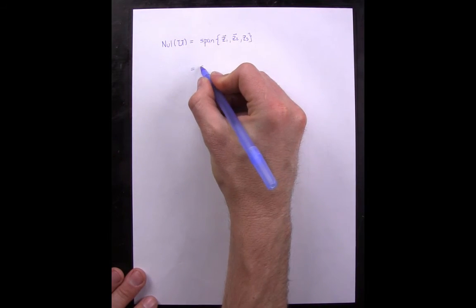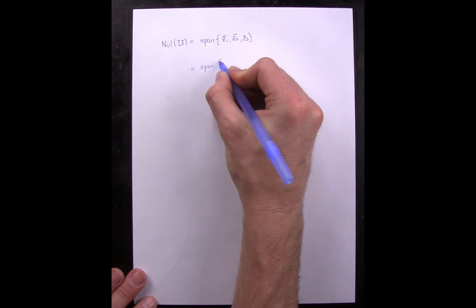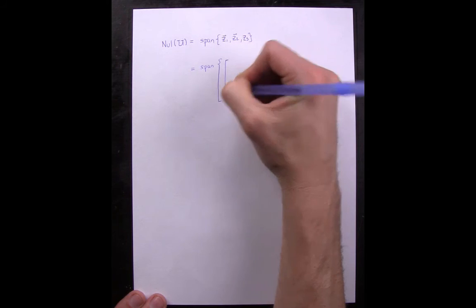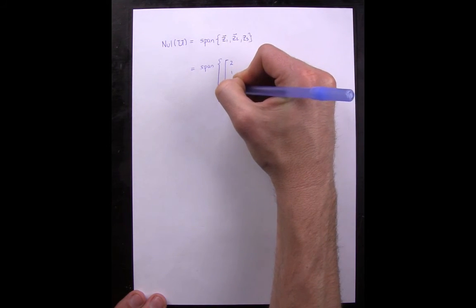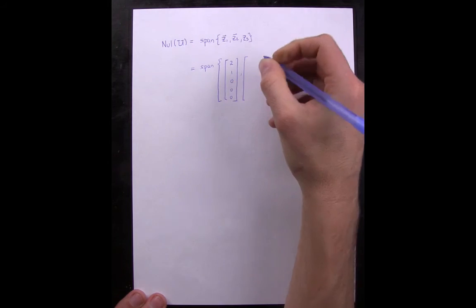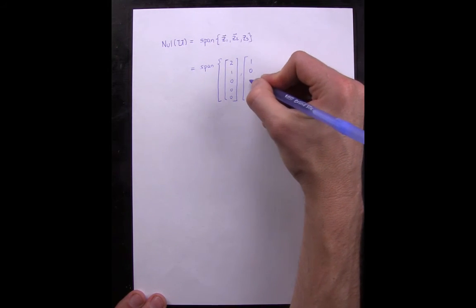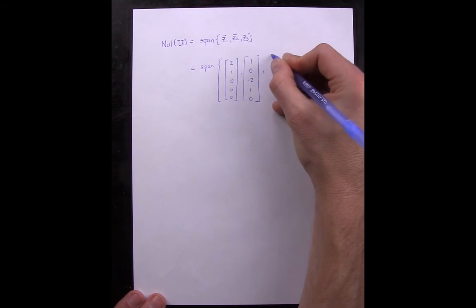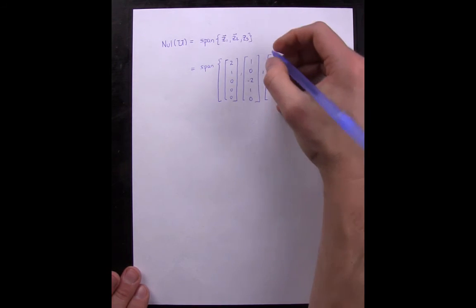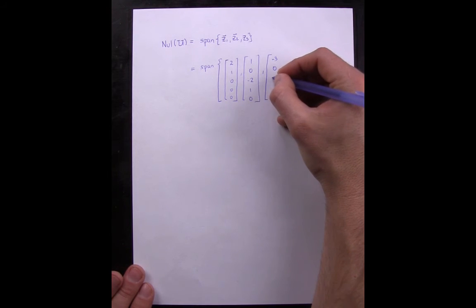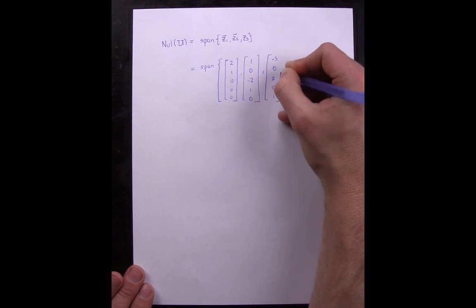which is also equivalent to the span of the vectors 2, 1, 0, 0, 0. The second vector that we saw was 1, 0, -2, 1, 0. And now the final Z3 vector that we just produced was -3, 0, 2, 0, 1.